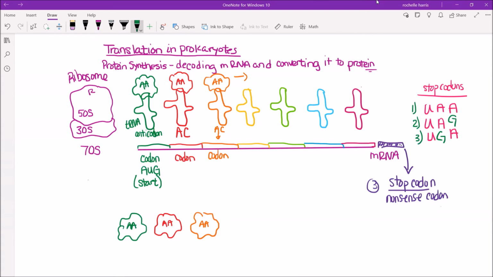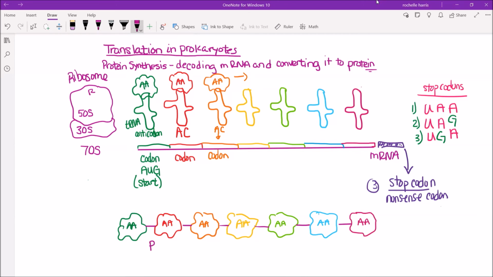All right. So once we have all of our amino acids, and I'll go ahead and do that real quick. Okay, now we have all of our amino acids. They have to bind to each other by a peptide bond.